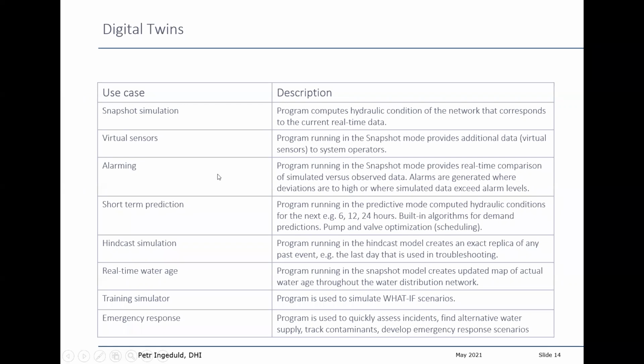And then we have alarming. Alarming can be used to generate alarms whenever we have differences more than a certain degree. And then we have forecast simulations, short-term predictions. We have hindcast simulations. We can do real-time simulation of water age.